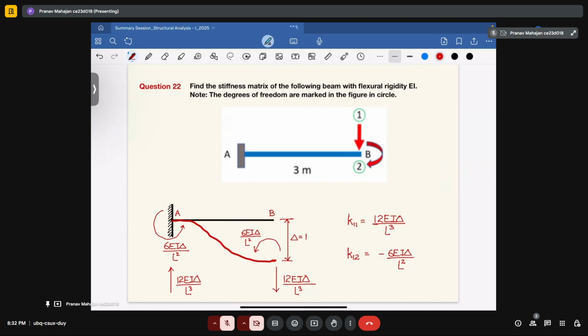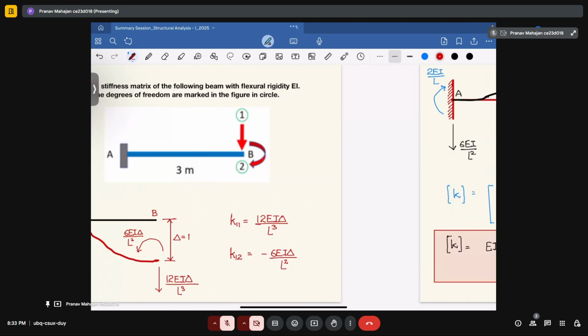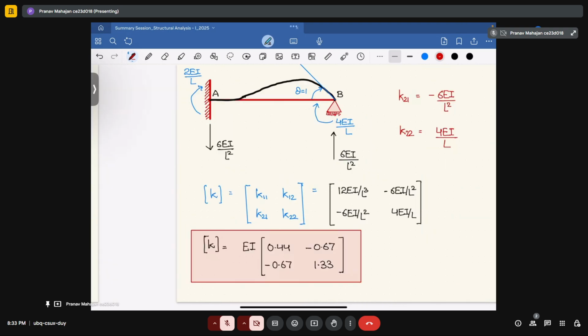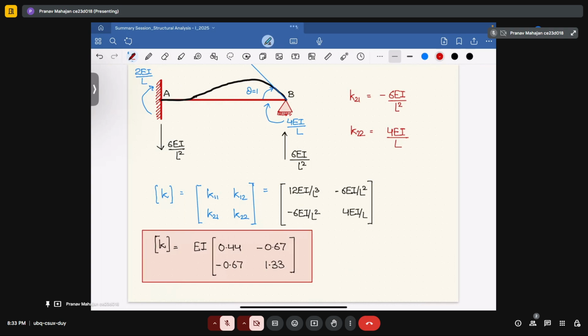Now your second, K12, is due to the application of unit displacement at point B. What is the amount of rotation that you are expecting? You are expecting the rotation to be equal to 6 EI upon L square. So that will become your K12. Now the next step is when you apply a unit rotation at A, then what are the moments and reactions you are expecting?